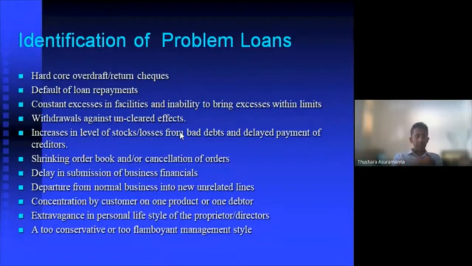Now the customers are supposed to provide the business financials, which are not happening appropriately. Then they depart from one business line to another unrelated business. One product concentration or one buyer concentration means that you don't have many buyers, only one buyer, or only one product.